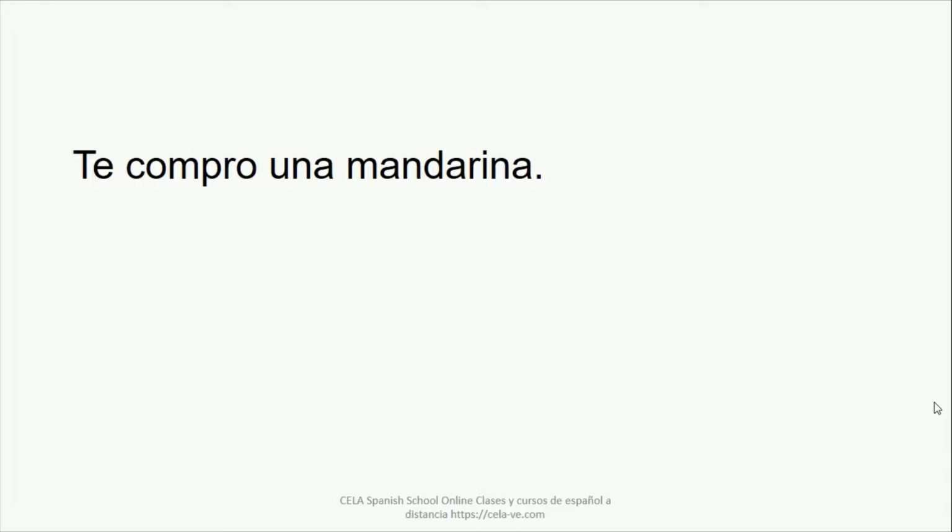Who buys? ¿Quién compra? Yo compro. Yo is already included in the verb conjugation. Through the ending o, I know that it refers to yo, first person singular present.